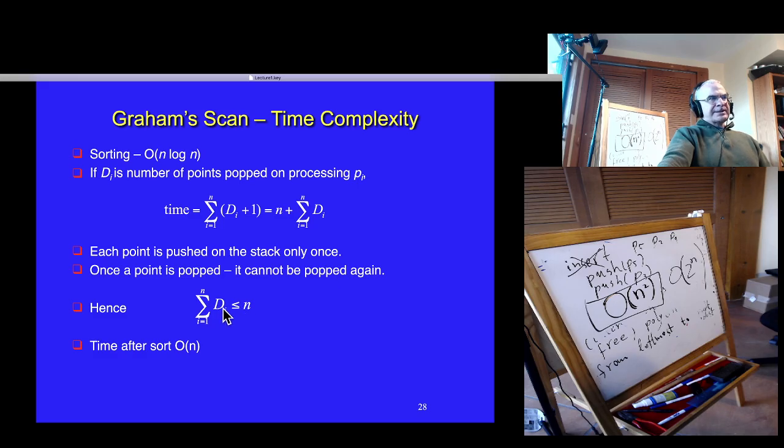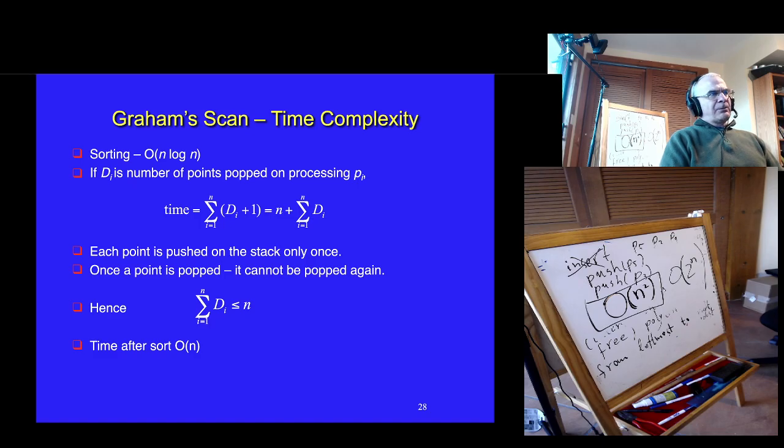But for the points that are deleted, once a point is deleted, it's never to be considered again. So the sum of all the d_i's through the whole algorithm is at most n, correct? And that was the running time of computing the upper convex hull. And now we are repeating it for the lower convex hull again.